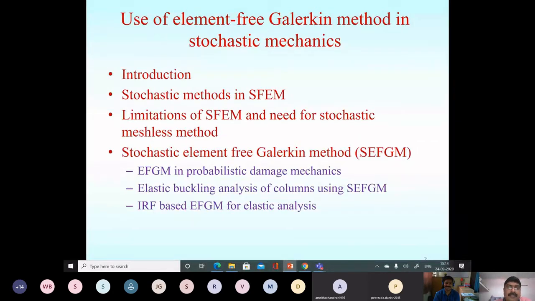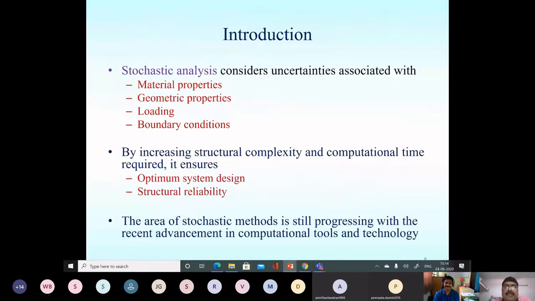In most practicing engineering problems, we don't get into that analysis. But in reality, even in the small tension test we might have done in our lab, we have seen that we get different values for the same specimen. Sometimes you take the mean value, sometimes you take some design value, and most of the time we neglect the randomness.